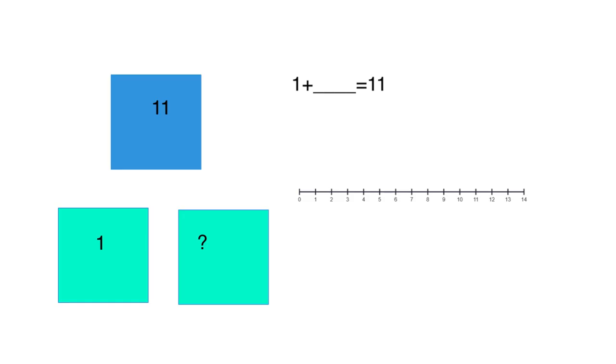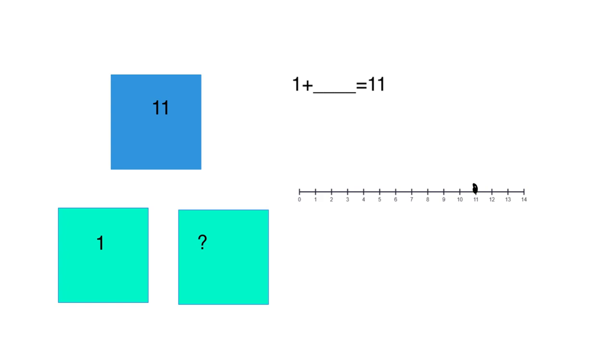So for our equation this time, we know that we have 1 plus a blank part equals 11. So 11 is the whole and 1 is our part. We have one other part, and we've got to find the other blank. So we can start at our point 11 right here.